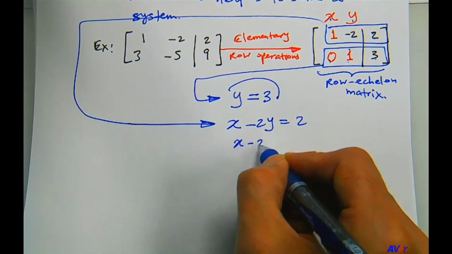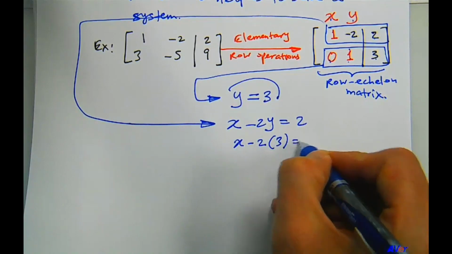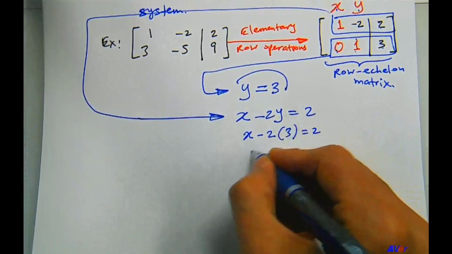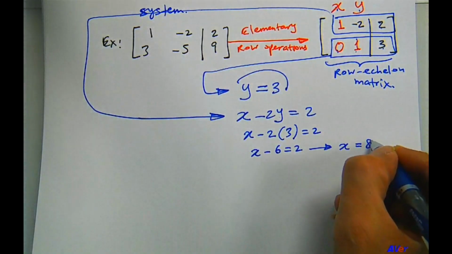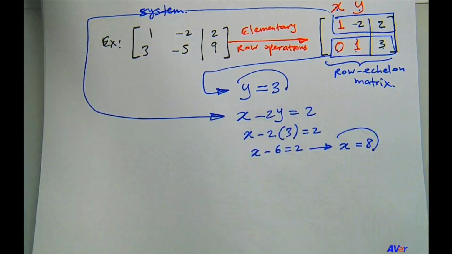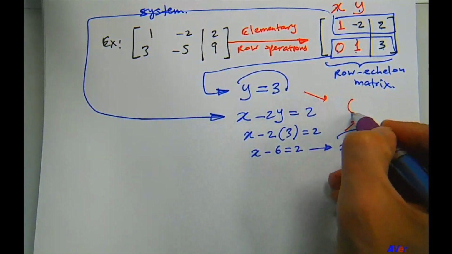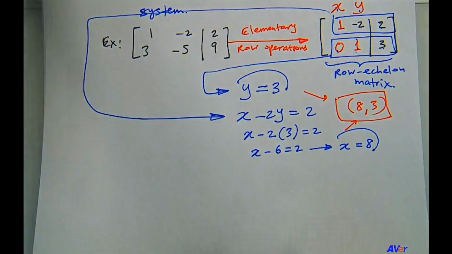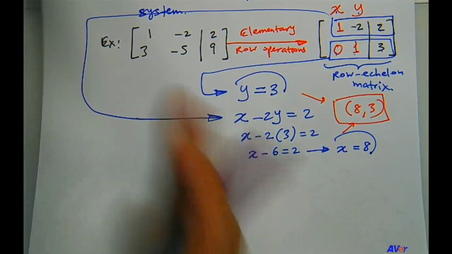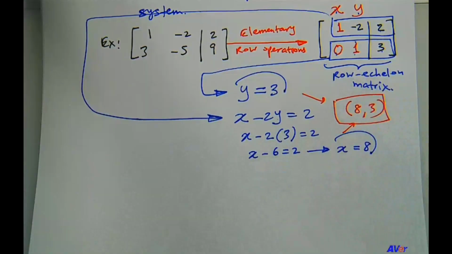So x minus 2 times 3 equals 2, x minus 6 equals 2, and x equals 8. So we have x, we have y, and we can put these two together and get 8 comma 3 as the solution of that system. We were able to solve the system using the row echelon matrix. So that's one of the destinations at which we can stop and solve the system, the row echelon.